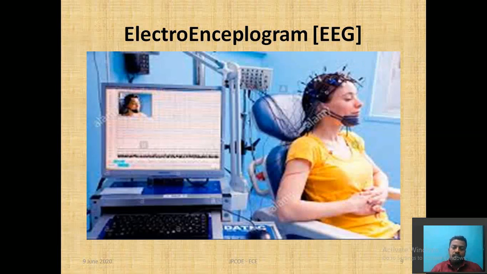The electrode lead wires are connected to the amplifier, where we can connect all the electrodes. Then from the screen we will see the waveforms of brain activity.